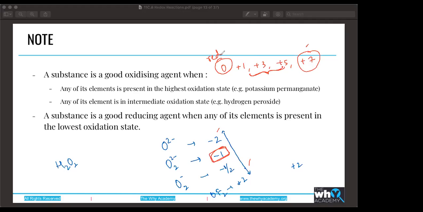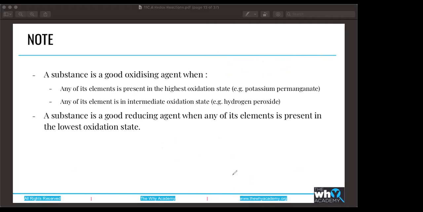So it becomes a good reducing agent. Okay, so intermediate is basically when it is between the lowest and highest. So peroxide में oxygen is in -1 and it can go to 0, and it can go to -2, tendency to go to -2, which is why it's a good oxidizing agent.